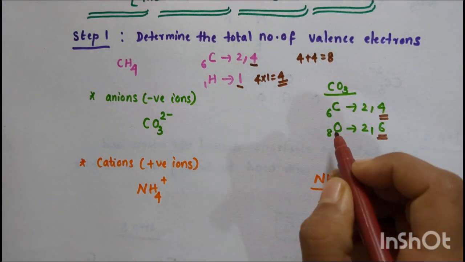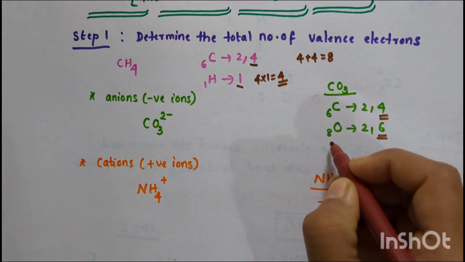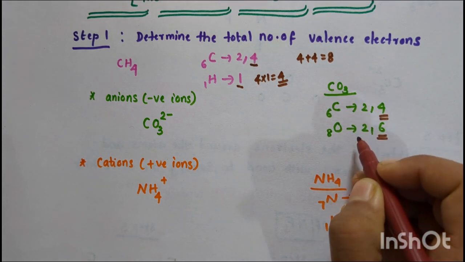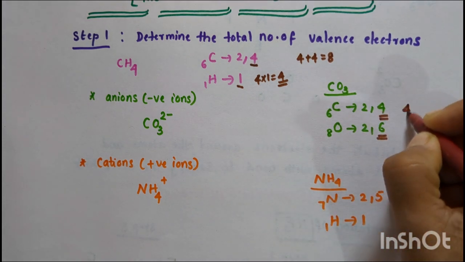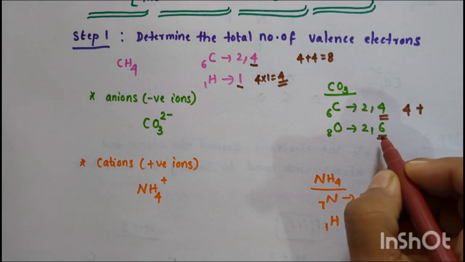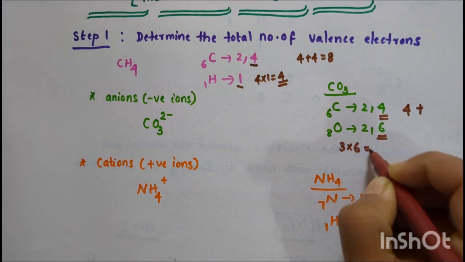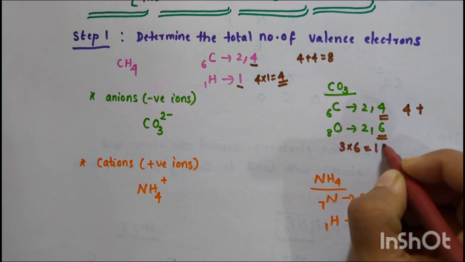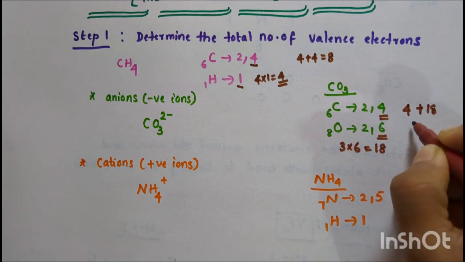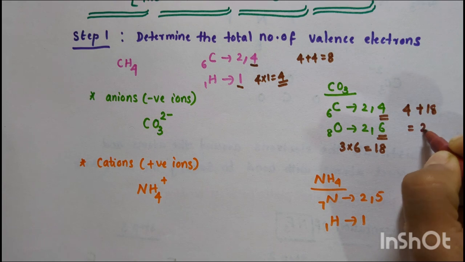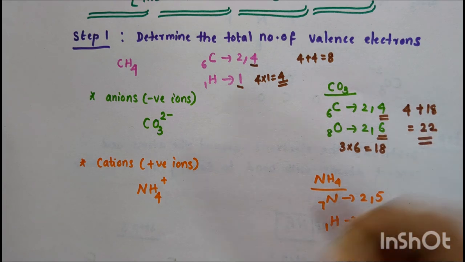There are 3 oxygen atoms in CO3. So the total number of valence electrons will be what? 4 from carbon, 6 from 1 oxygen atom, so from 3 oxygen atoms we will get 18 valence electrons. So total 18 plus 4, which is 22.